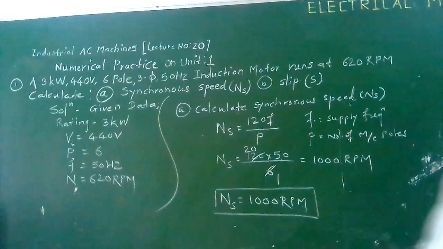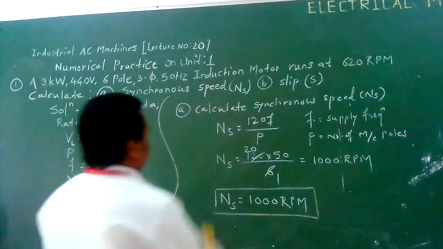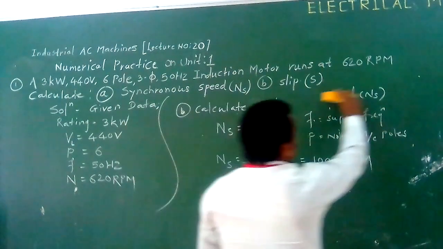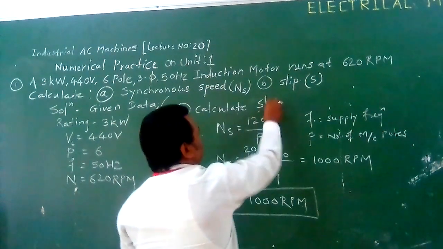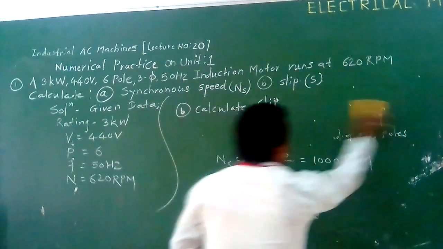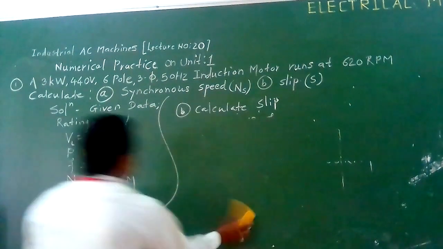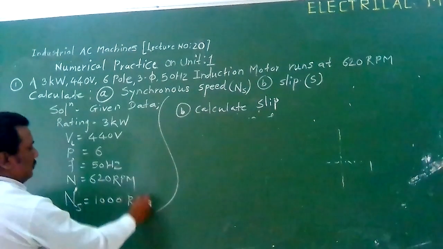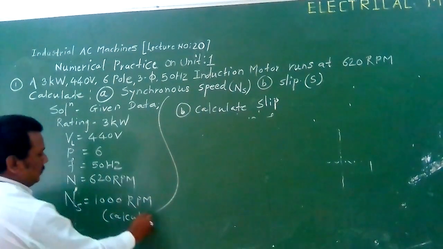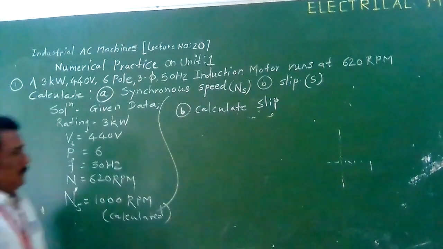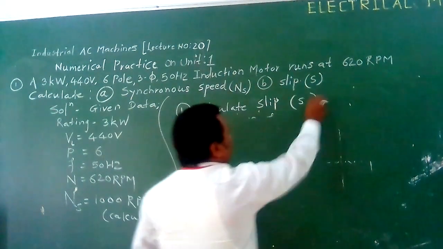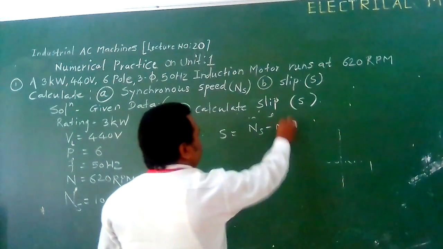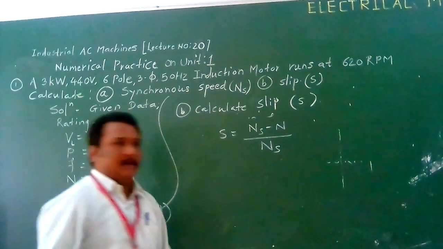Here we write ns is equal to 1000 rpm, which we have calculated right now. So slip is equal to ns minus n upon ns. It is the formula for slip.